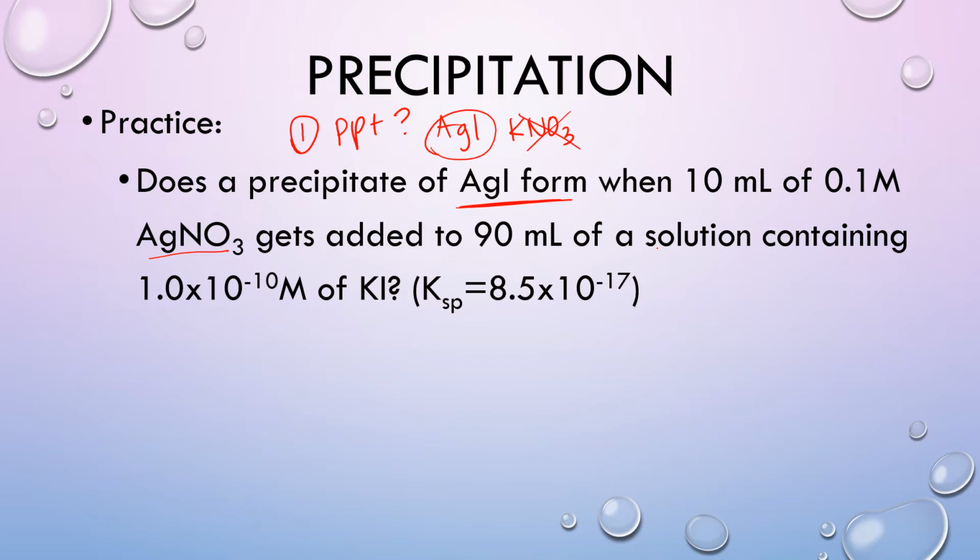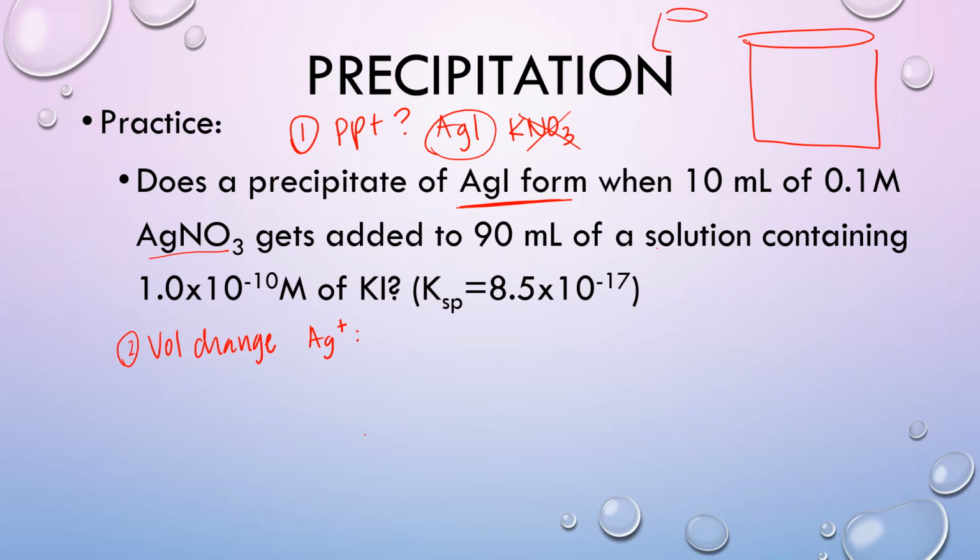Okay, second thing, we're going to deal with the volume change. At this point, it is the silver from silver nitrate that I'm concerned with, so I'm just going to do this as the silver concentration because the nitrate is just going to be a spectator. If we need to think about this, we have one solution of silver nitrate, which of course is actually the ions.